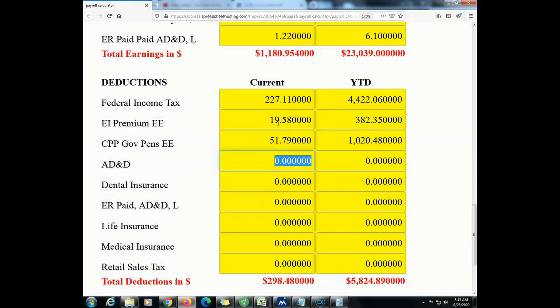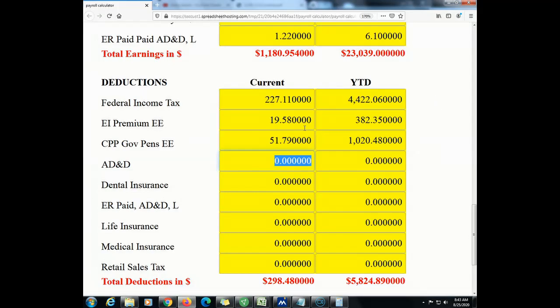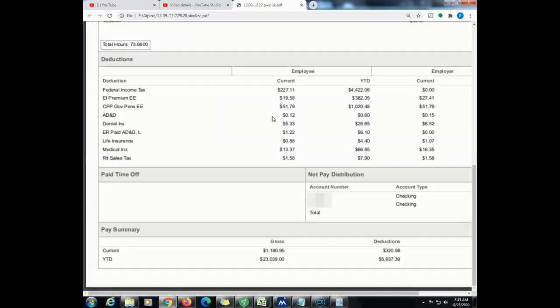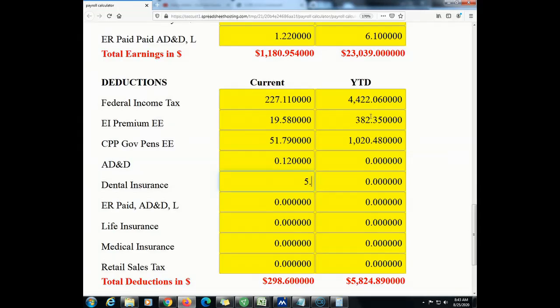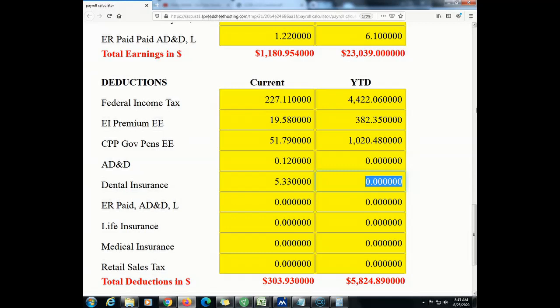Apart from that, you also have your AD&D, your accidental death and dismemberment. That says 12 cents for this pay stub. If your employer pays for your dental insurance via a third party, let's say your dental insurance comes about $5.33 on this pay stub, and your YTD figure is $26.65.